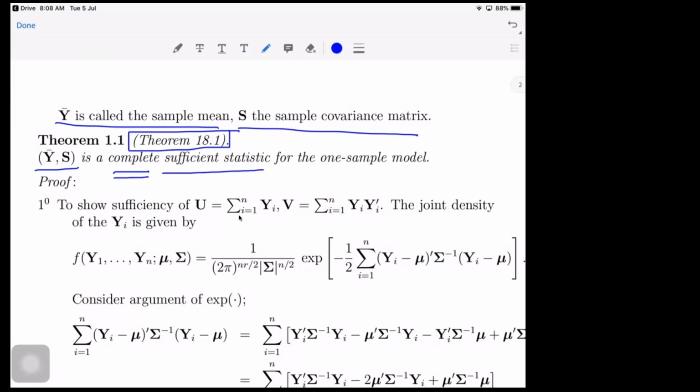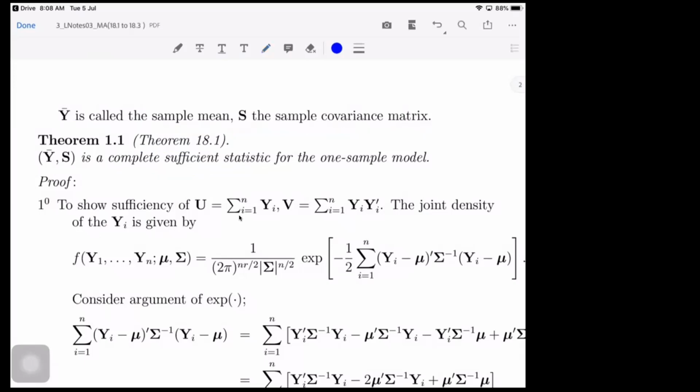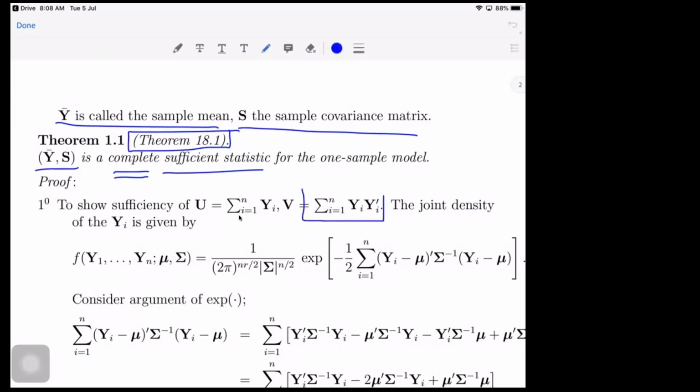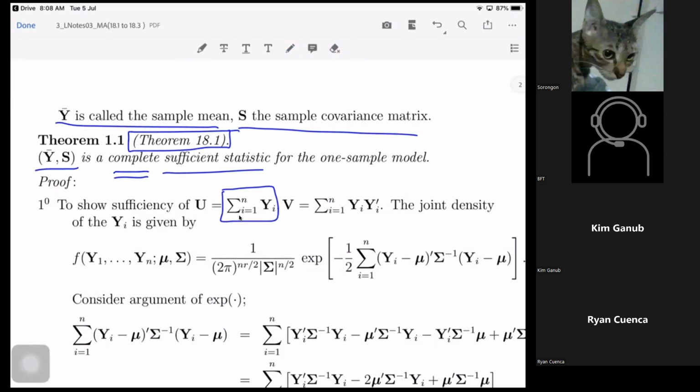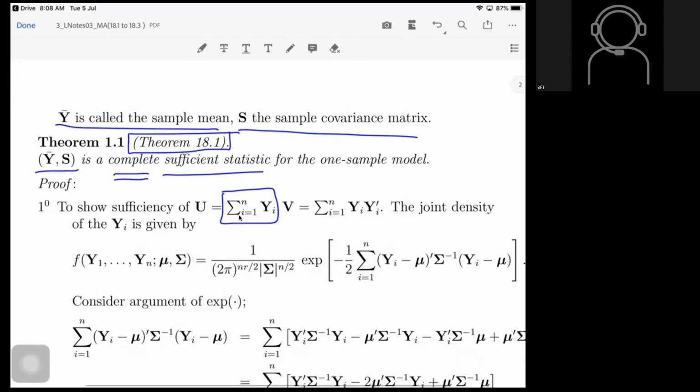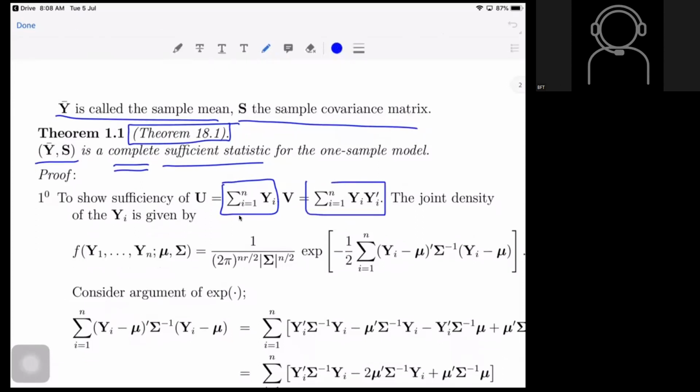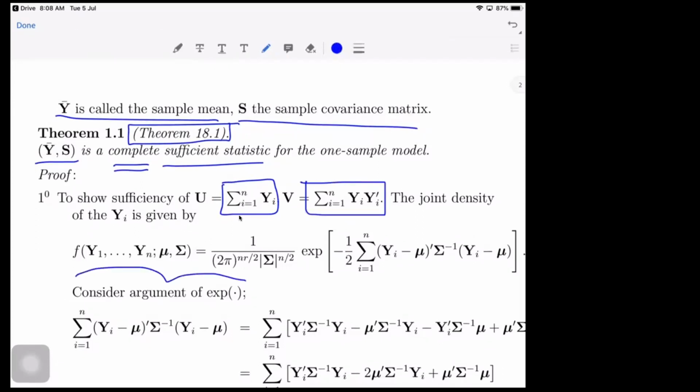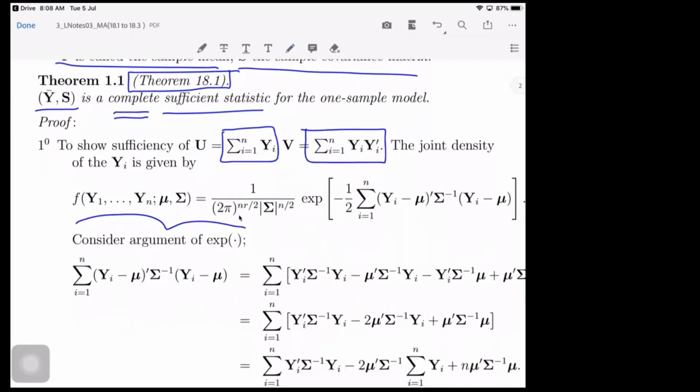So there was a need to rewrite S in terms of the summation of yi prime, and the y bar, of course, is a function of the summation of yi, because that will be used in your factorization criterion. That is, we can factor the joint density function of your yi in terms of u and v.